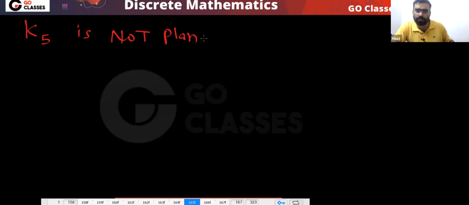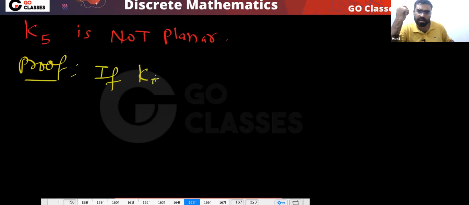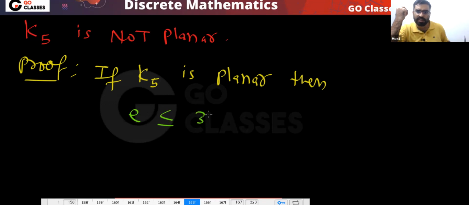What is the reason K5 is not planar? Because if it is planar, then what should happen? If K5 is planar, then the number of edges should be less than or equal to 3v minus 6.